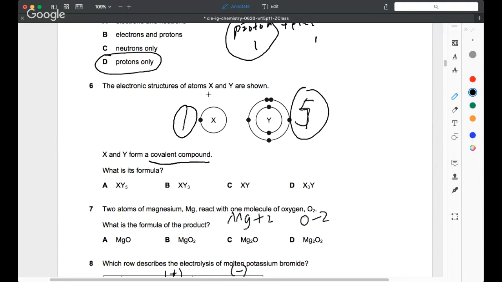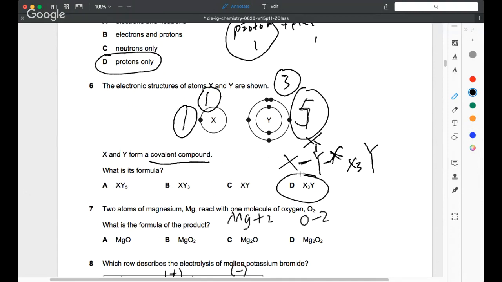So X needs 1 to reach a full shell, and Y needs 3. So it would be 3 X surrounding Y. So you have 3 covalent bonds. Each one has a sharing of 2 electrons between X and Y. So the correct formula would be X3Y, and the answer here is D.